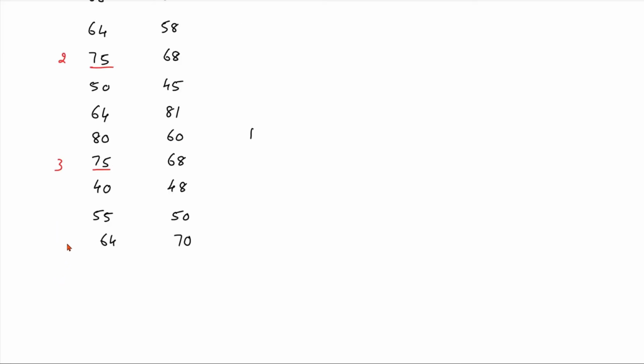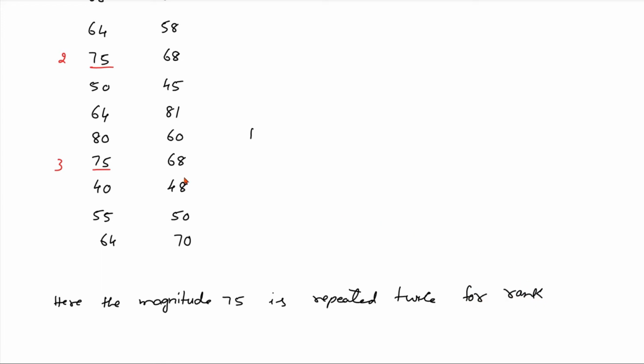You can write down the reason here at the end. Here the magnitude 75 is repeated. How many times? Twice, for rank 2. Actually, for rank 2 we are calculating, so it is repeated twice for rank 2.